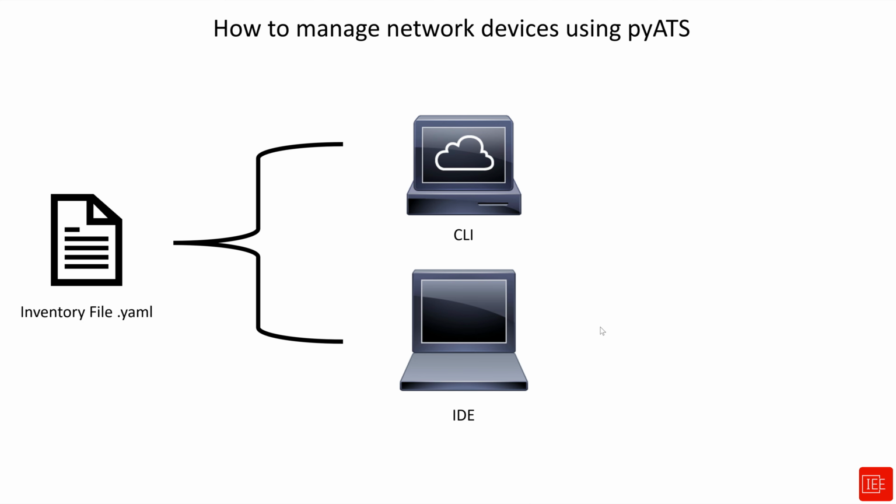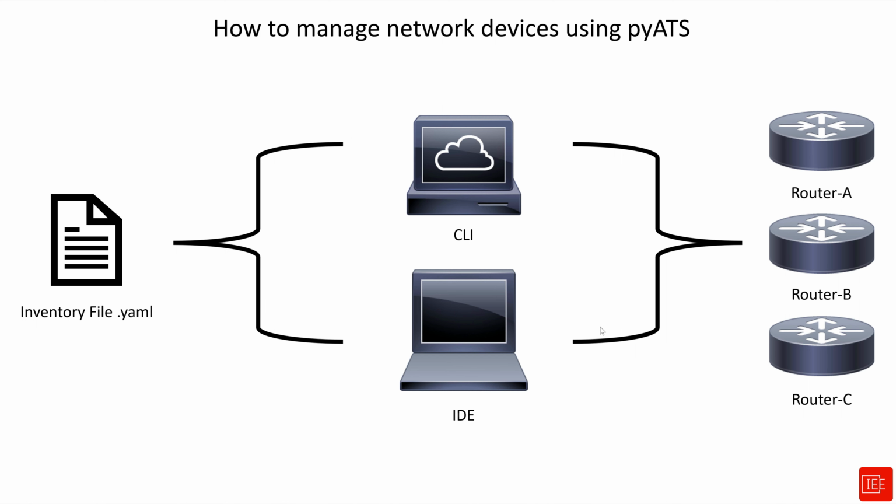We are going to explain how we can build the inventory file so that we can initiate connectivity to our network devices, and explain how we can build the inventory YAML file. And then we will show you how you can increase the performance of interacting with the network devices at a faster pace.